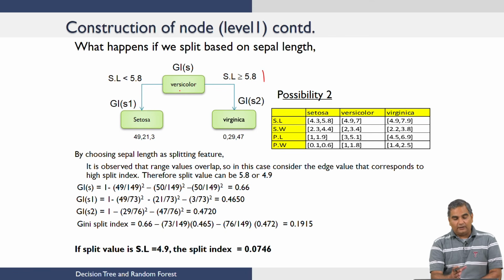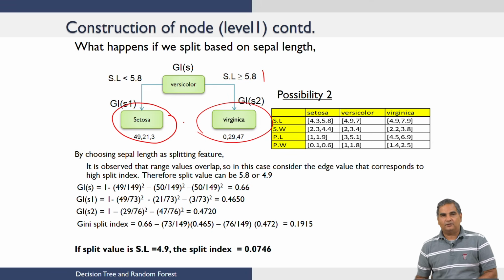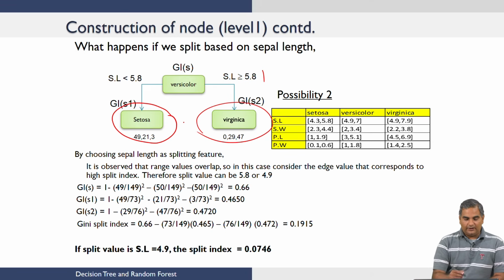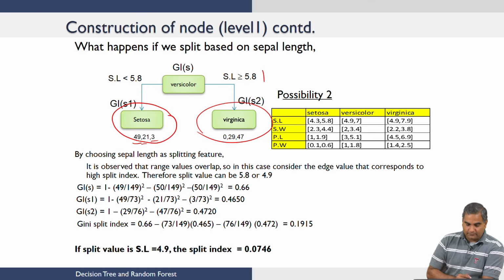Now, what I do is I partition data such that all the data which have sepal length less than 5.8 I bring to this node, and all the data which have sepal length greater than 5.8 I bring to this node. And it might turn out when I do this that 49 samples of setosa come here, and 21 from the next one, and 3 from the next one. And notice what I do here.